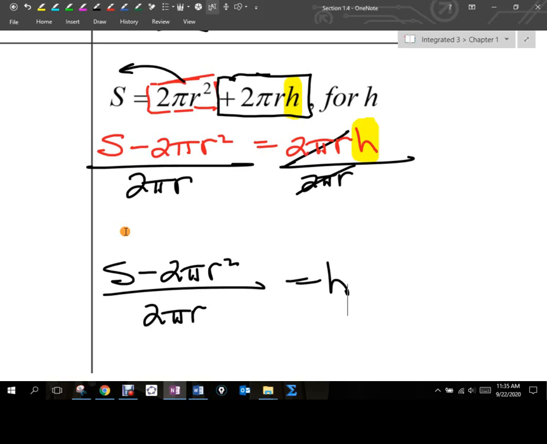Okay? Well, let's say that I have a problem, a repetitive problem, that keeps saying, okay, I give you a bunch of these cylinders and I tell you what the surface area and the radius of all these cylinders are, but I ask you to find the height. Well, you could go through this formula, you could plug in surface area and radius and go through this process for each one.